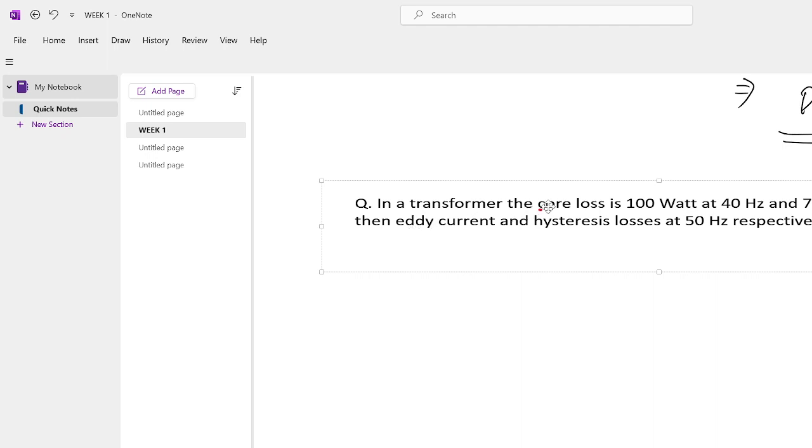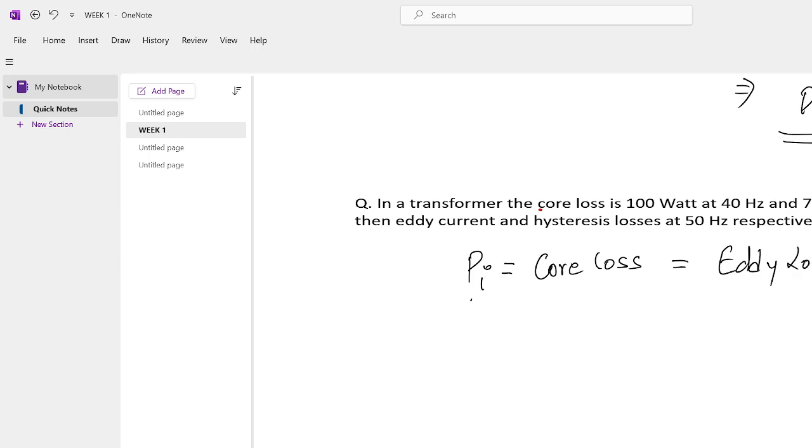In a transformer, the core loss is 100 watt. What do you mean by core loss? Core loss is the same as the iron loss, which comprises both eddy loss plus hysteresis loss.